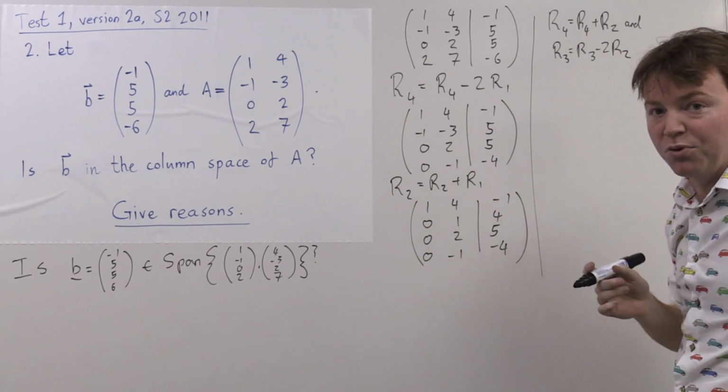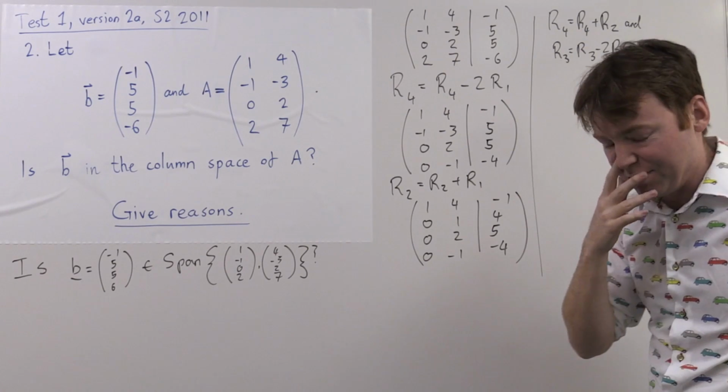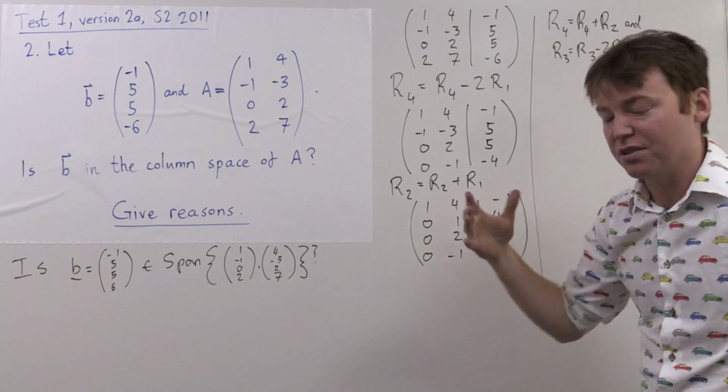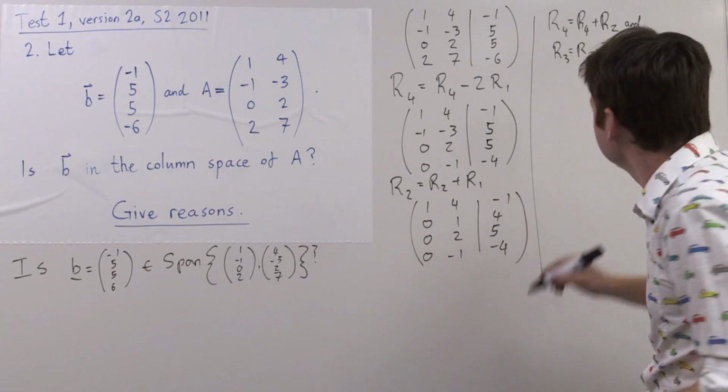Here I'm doing 2 row operations. I normally don't recommend you do 2 row operations at once, but because this is just going to give me a row of zeros, I'm going to make an exception.